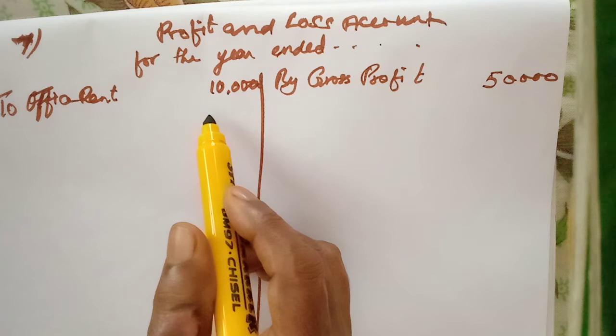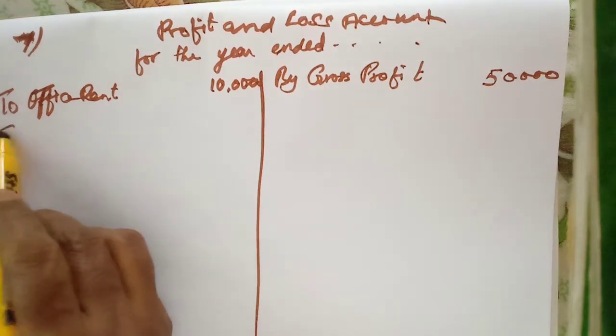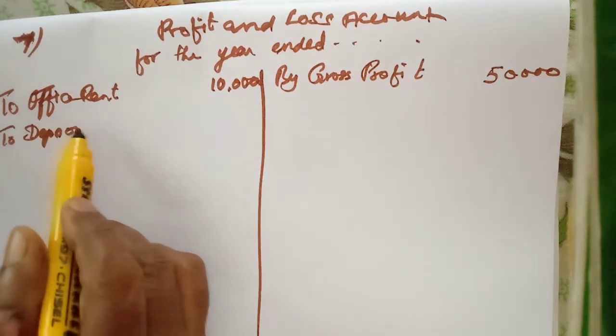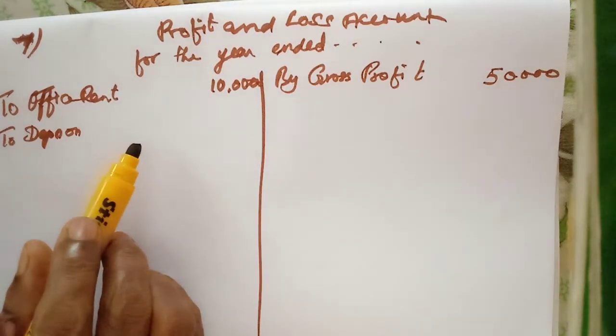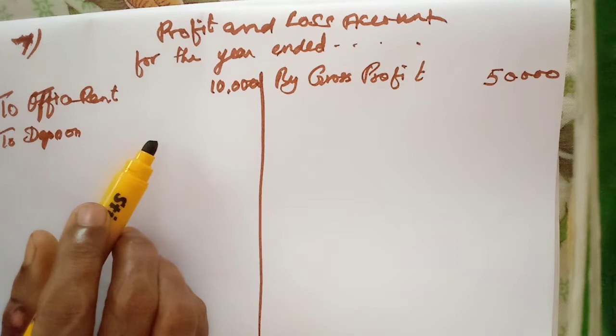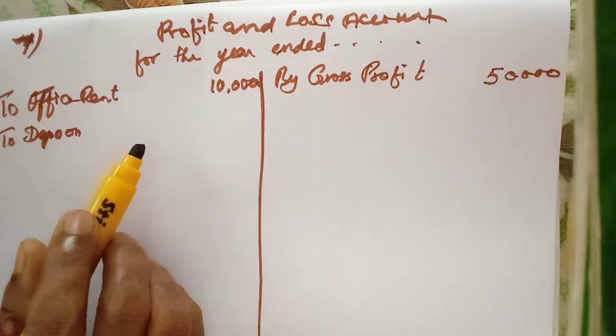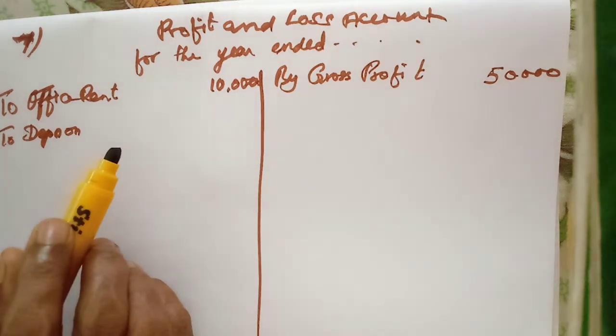Depreciation on office assets. There is one order, that means first we should write office expenses, then administrative expenses, then selling expenses, then fourth one distribution expenses, fifth one other expenses and losses.